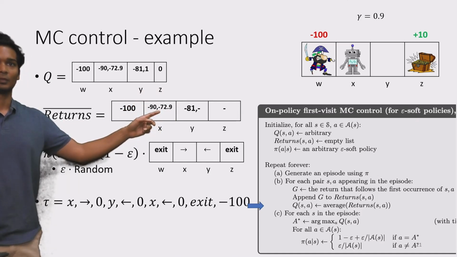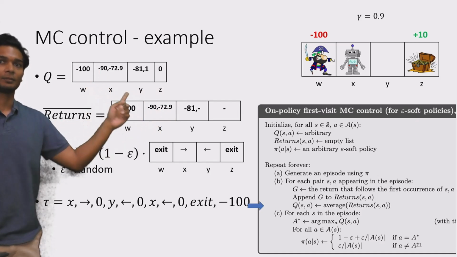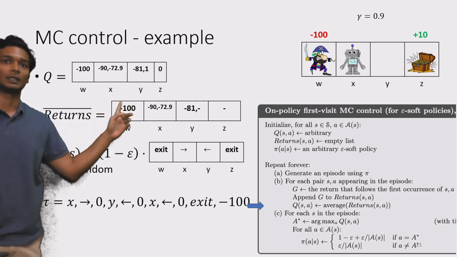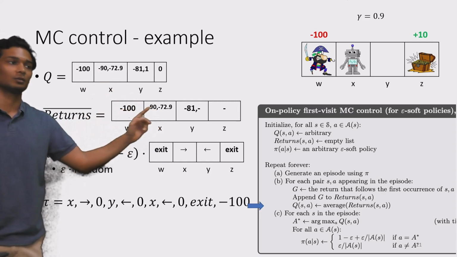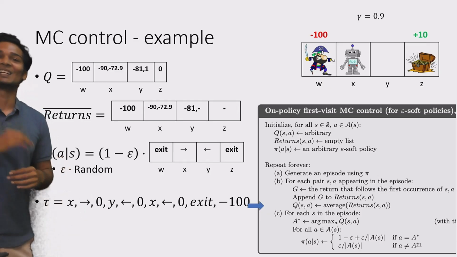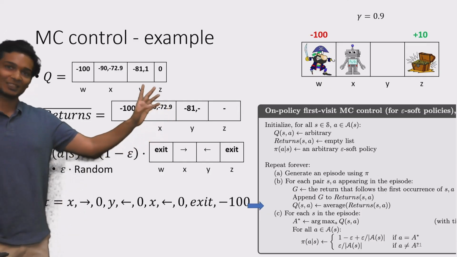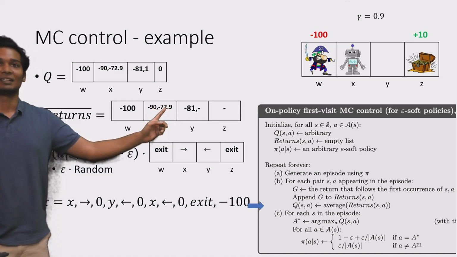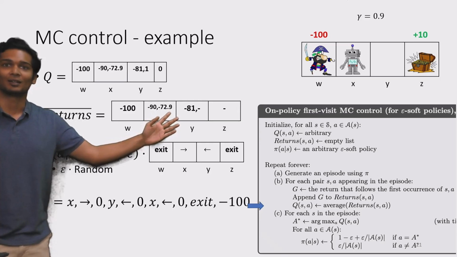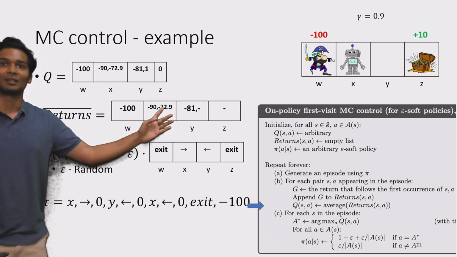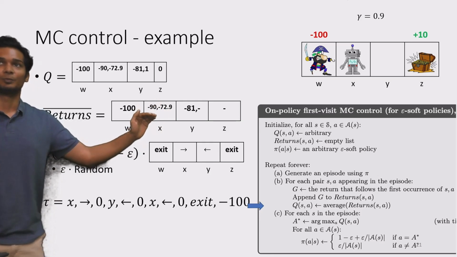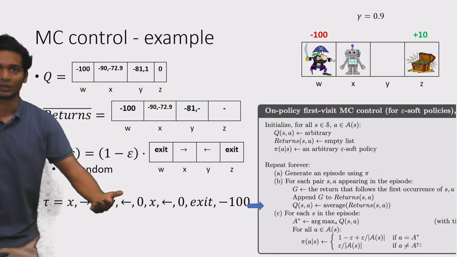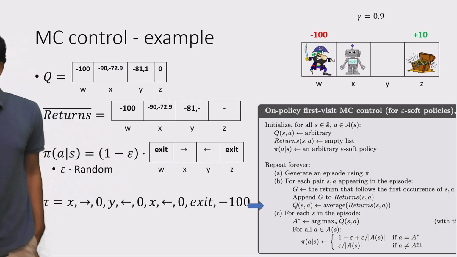Even though you're seeing the same reward in the end, because we saw it much later in the trajectory, it's much more discounted. It's a negative value, so you're going to see a different Q value for that action. Basically, since you're seeing the same reward but later on in the trajectory, it's going to be more discounted. Okay, so we updated the Q values.